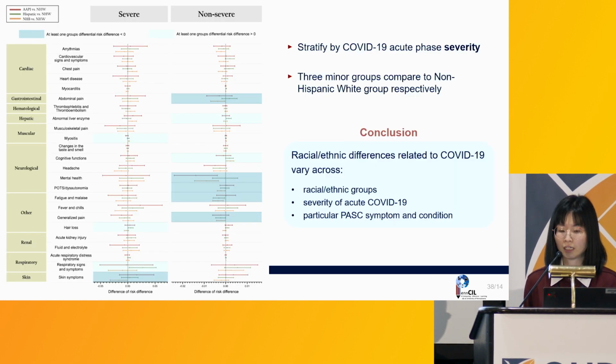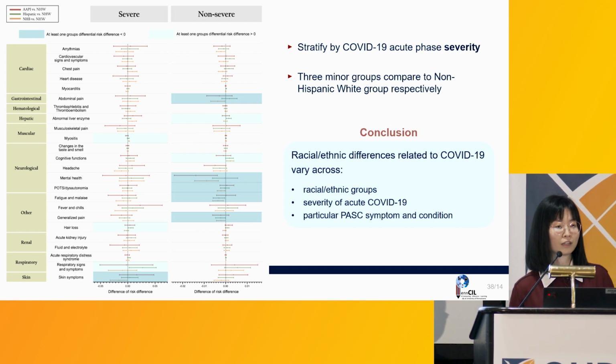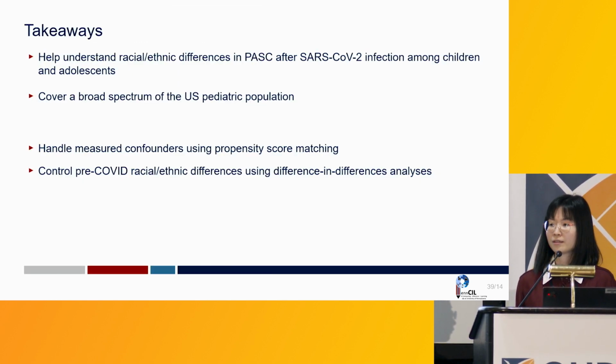In conclusion, the racial and ethnic differences related to COVID-19 vary across the racial and ethnic groups, the severity of acute COVID-19, and the particular PASC symptoms and conditions. In summary, our study helped to understand the racial and ethnic differences in PASC after SARS-CoV-2 infection among children and adolescents.